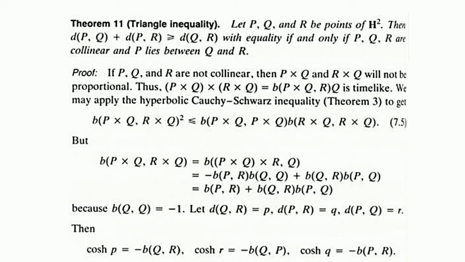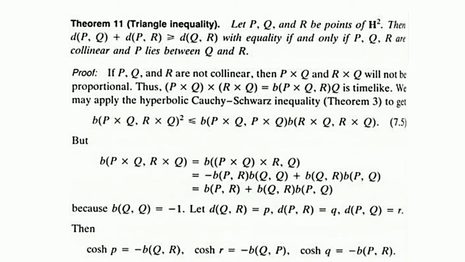Thus B of P cross Q, R cross Q is time-like. So in this case, we may apply the hyperbolic Cauchy-Schwarz inequality.